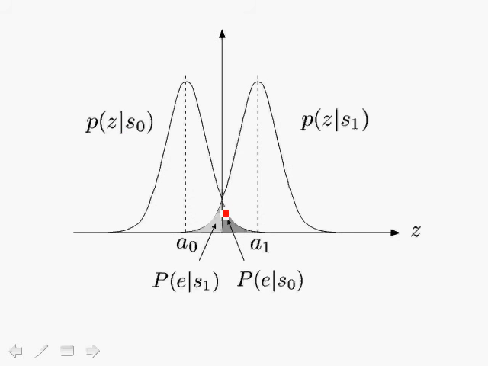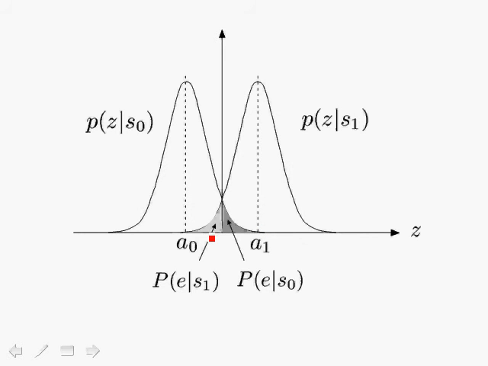And this area shown over here is the probability that we sent S0, but we make the decision that S1 was sent. The probability is equal to the area underneath the tail of the normal distribution as shown over here. So the area underneath here is the probability that we have sent S0, but we decode it as S1.